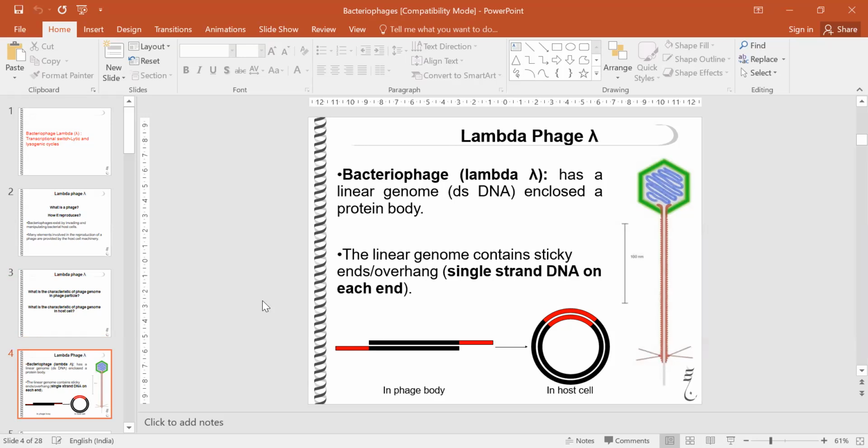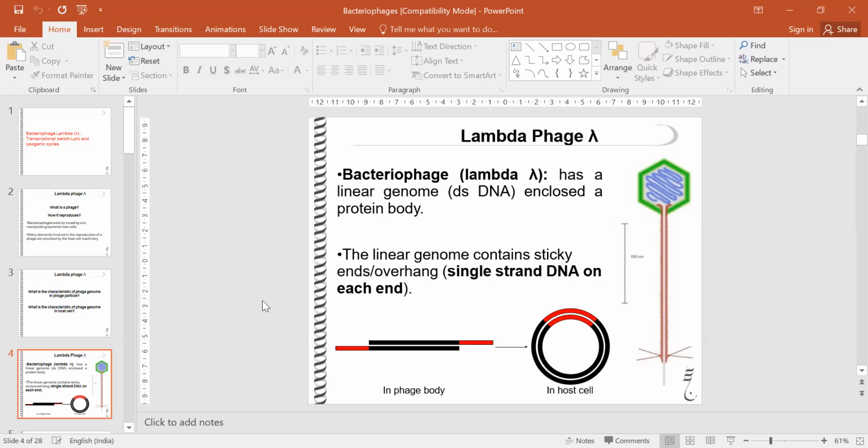It has linear genomic DNA, but this linear genomic DNA has sticky overhangs. Sticky overhang means they have compatible sites and are easily aligned. So when it is present in the phage, it has linear double helix DNA.